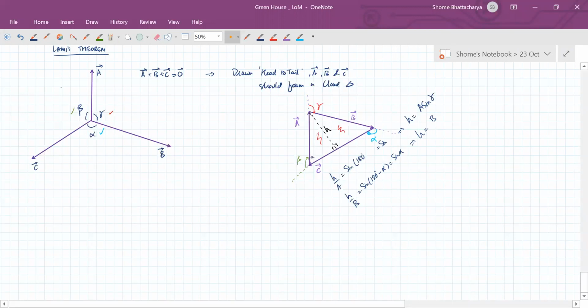So this interior angle here is 180 minus beta. So this is sine beta. This should be beta, and from here this should be sine alpha. So h equals a sine beta is equal to b sine alpha.